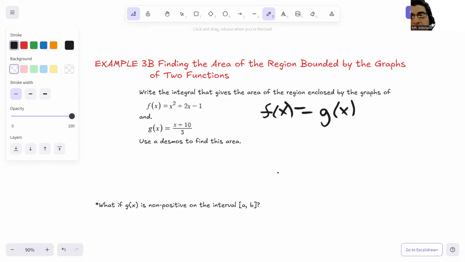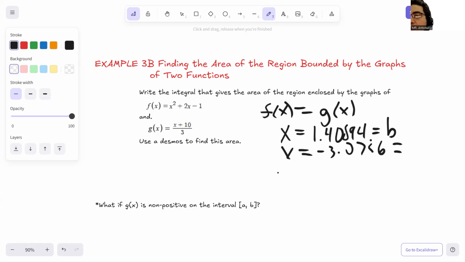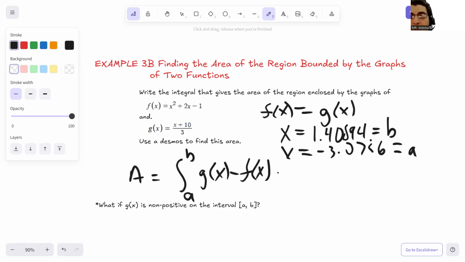So here we go. F of x equals g of x, and we found that x equals 1.40894, and we called that B, and x equaled negative 3.0756, and we called that A. Then the area is equal to the integral from A to B of g of x minus f of x.